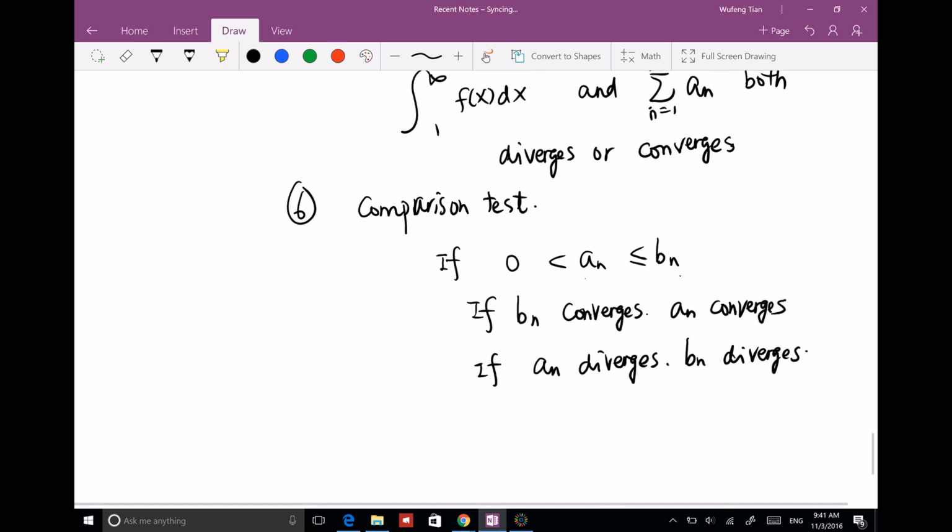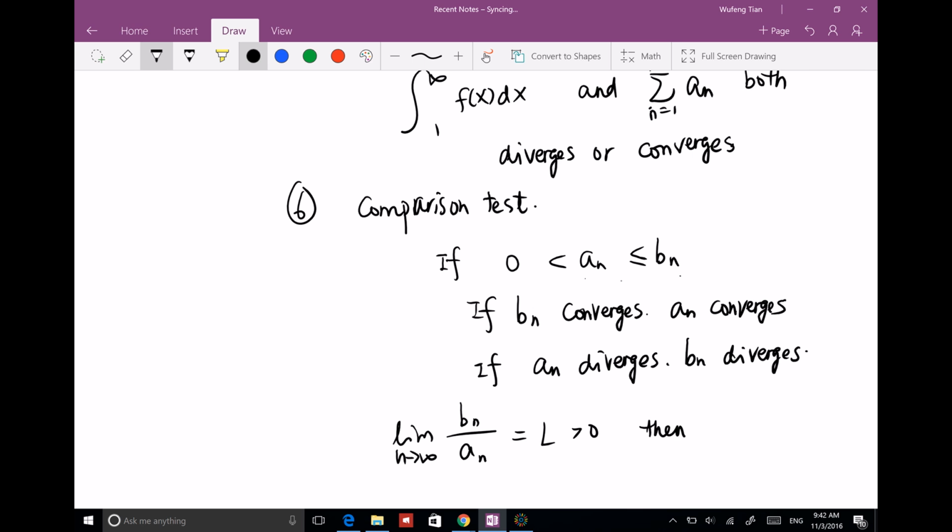Okay. So we have another thing for the comparison test. We have a limit. You can divide those two series, a_n over b_n, and this equals a number bigger than 0.